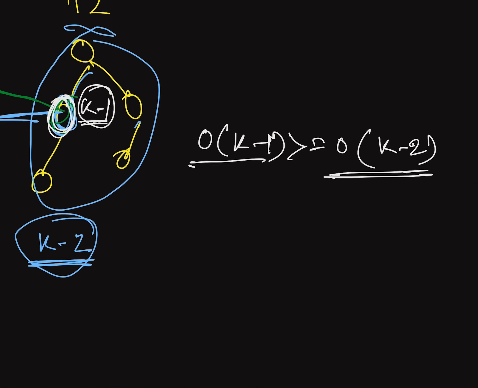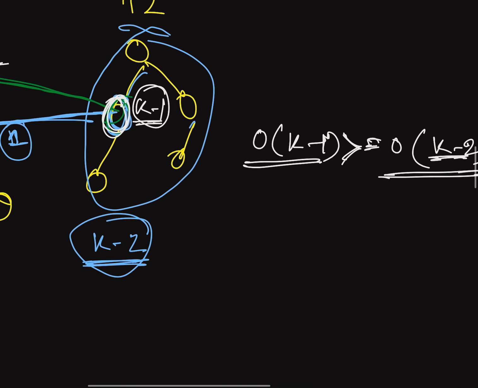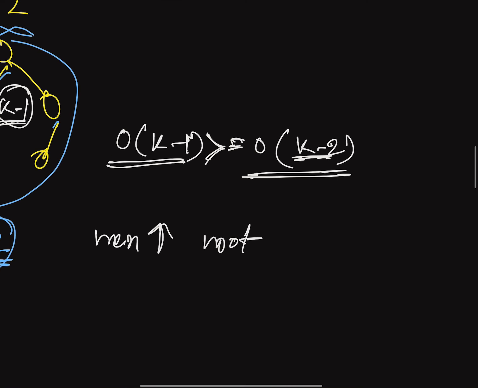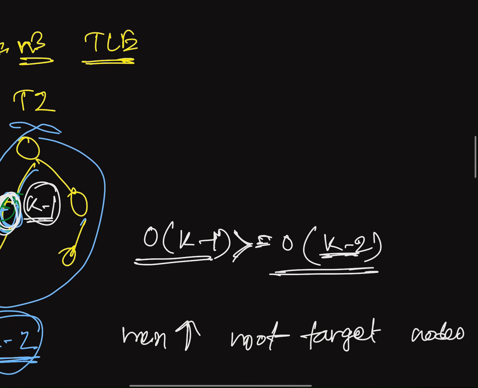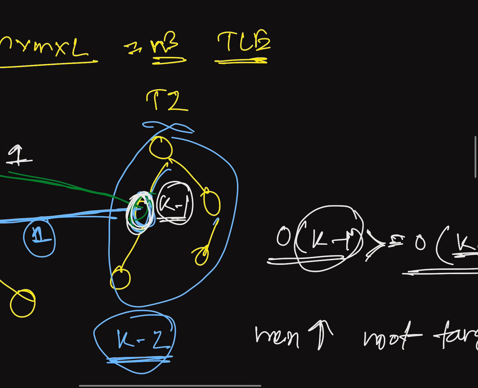It may be possible that there is no node at distance k minus 1, but at least it should be greater than or equal to k minus 2. Got it? So if we have to maximize the number of target nodes, then we have to maximize this value also, and that's why we always take k minus 1.